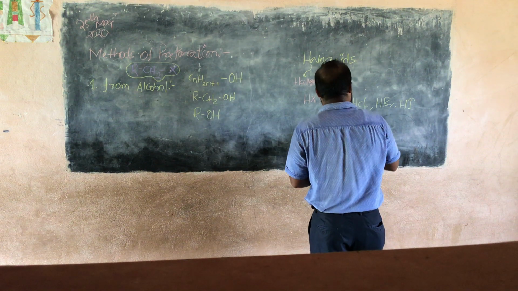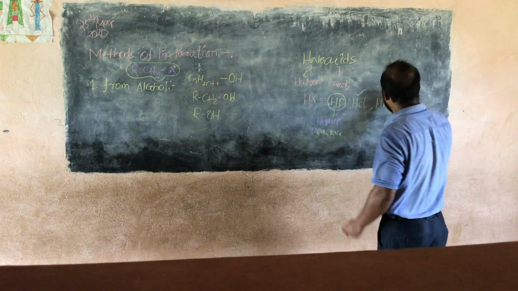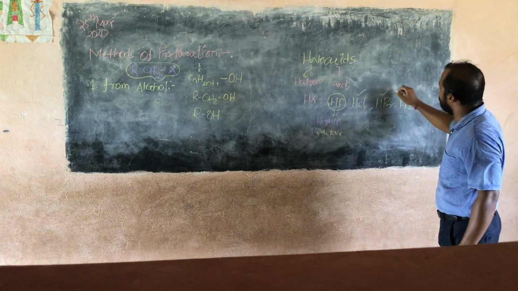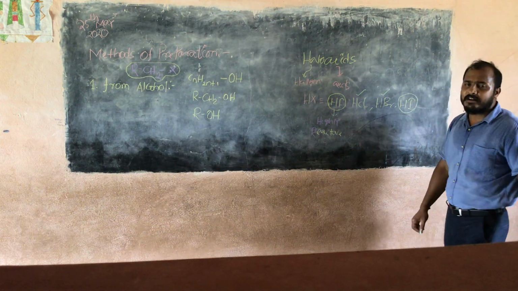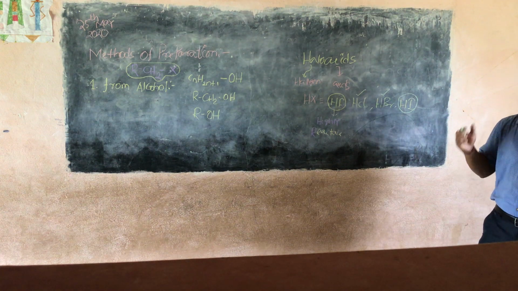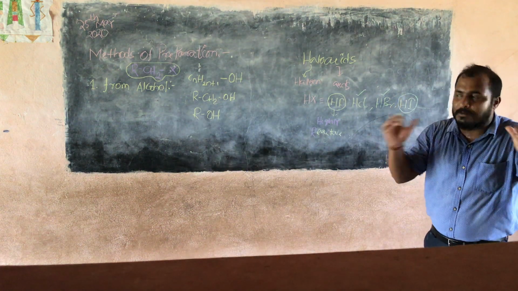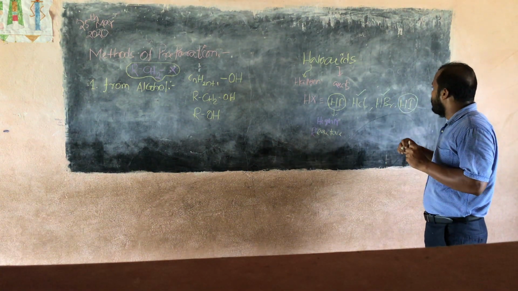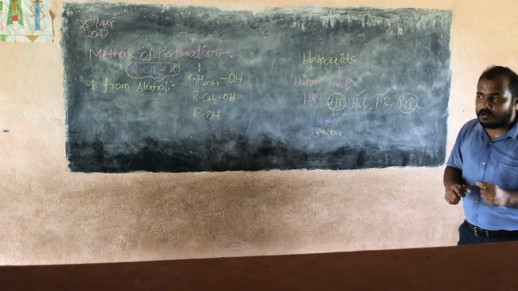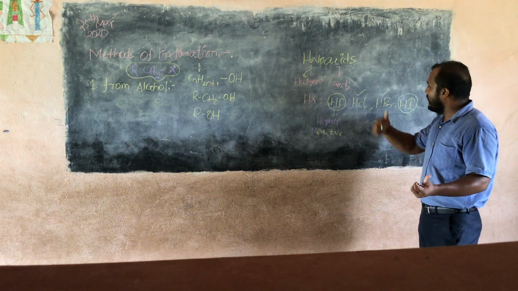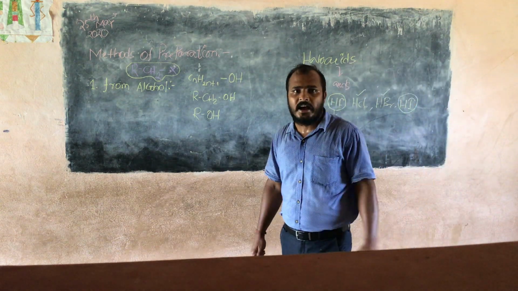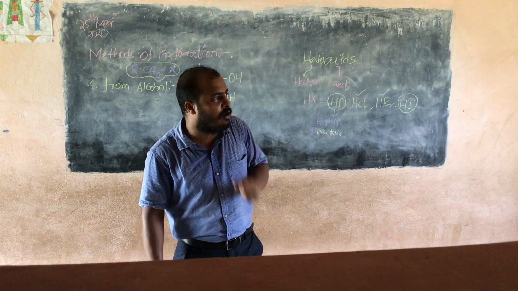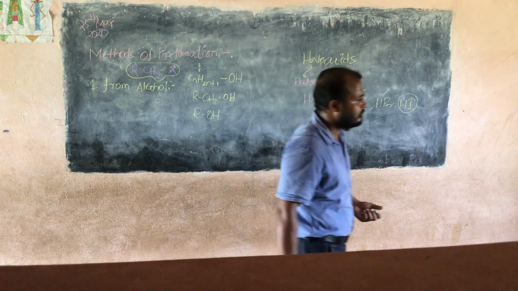HCl can be used, HBr can be used, HI cannot be used, or if you are using HI, you have to take too much precaution. That's why generally in a laboratory people use HCl and HBr. What is HCl? Hydrochloric acid. HBr, hydrobromic acid.